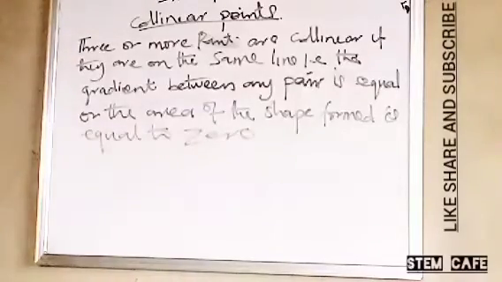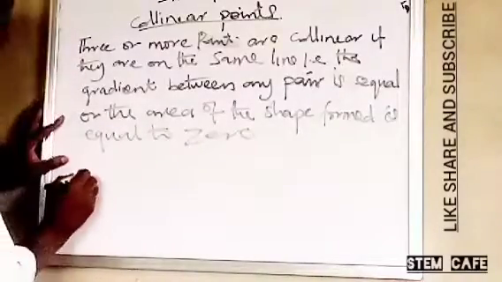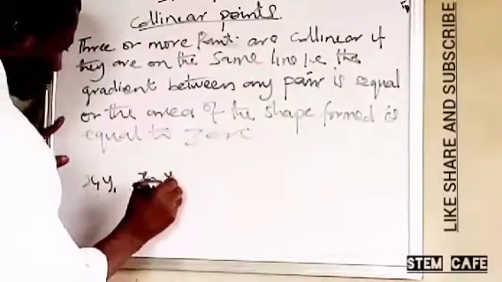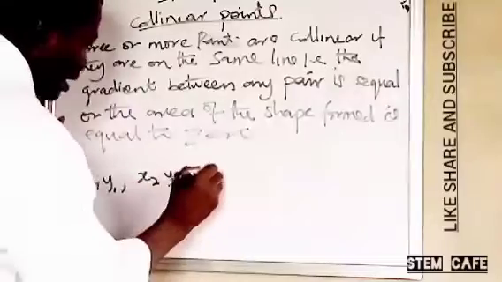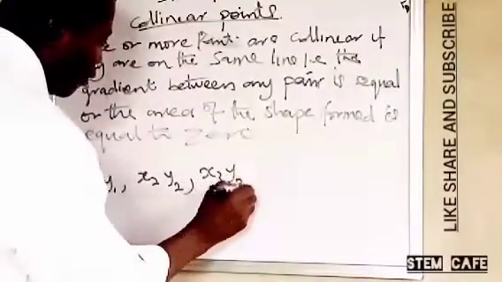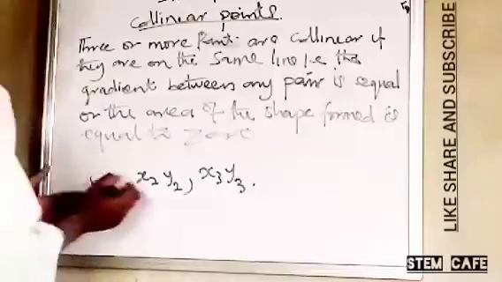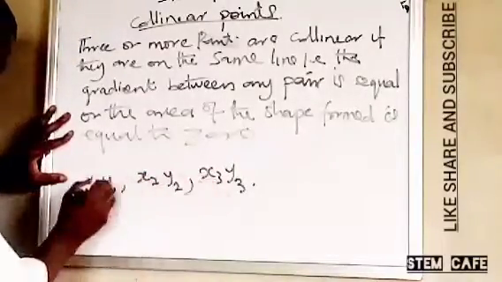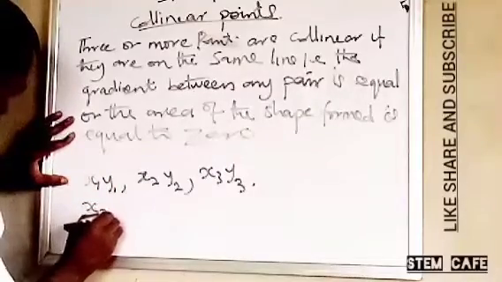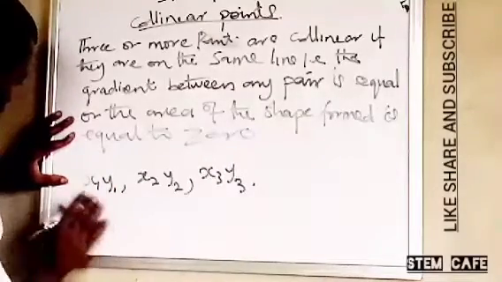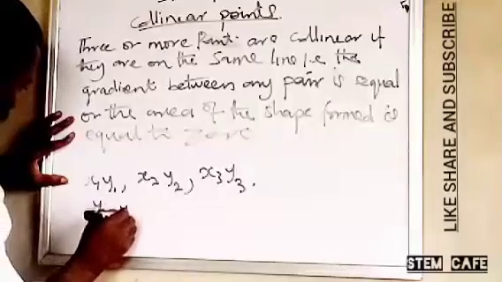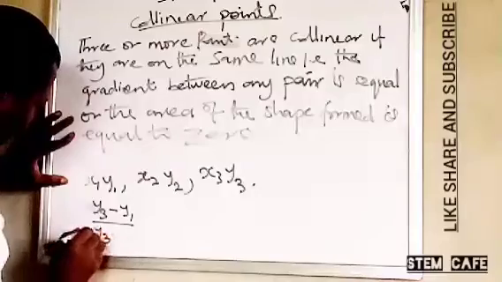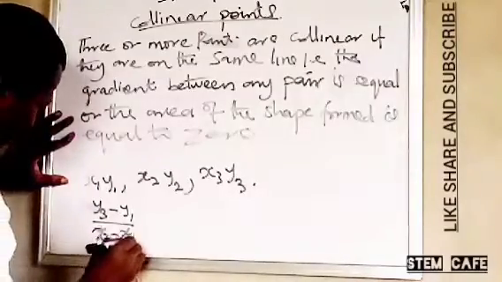Let's check this. If we have points (x1, y1), (x2, y2), (x3, y3), to find the gradient between two of these points, you can say (y3 minus y1) over (x3 minus x1).